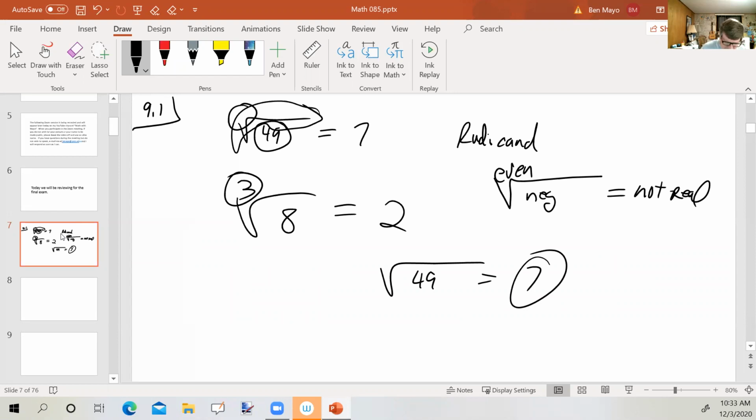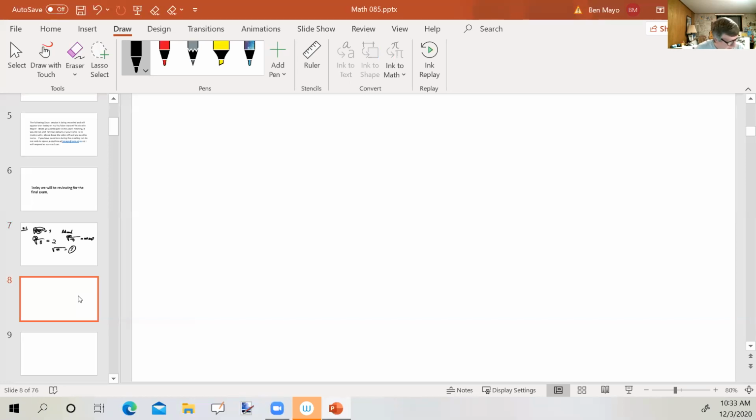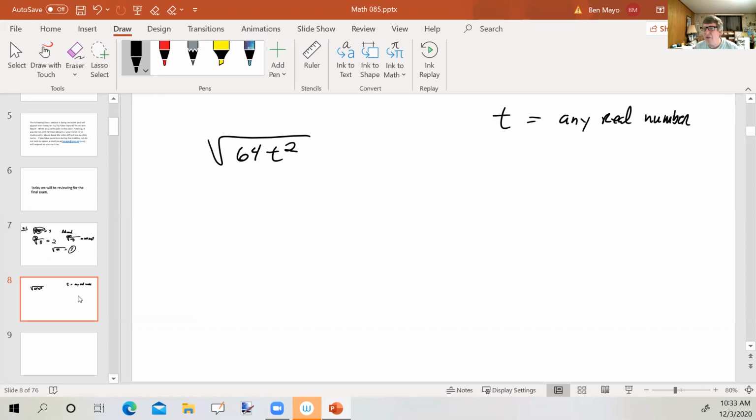Let's take a look at dealing with something like absolute value. Let's say we've got the square root of t squared, and we are told that t can be any real number, or as the author in the book says, it's unrestricted.